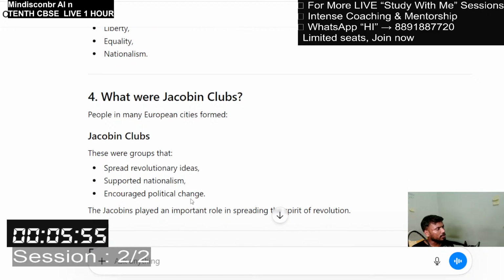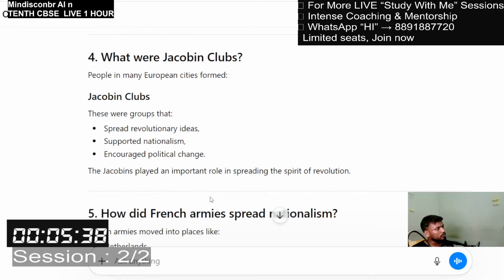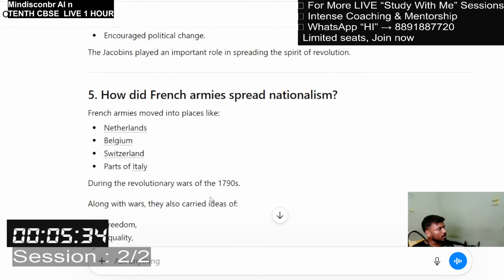What were Jacobin clubs? People in many European cities formed Jacobin clubs. These were groups that spread revolutionary ideas, supported nationalism, and encouraged political change. The Jacobins played an important role in spreading the spirit of revolution. How did French armies spread nationalism?